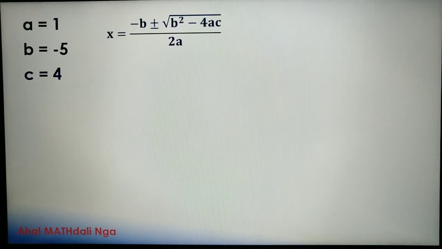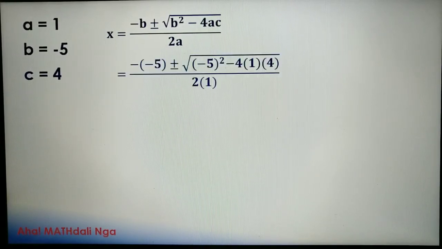x is equal to negative b plus or minus the square root of b squared minus 4ac all over 2a. We will substitute these values to our formula. We have negative times negative 5 plus or minus the square root of negative 5 squared minus 4 times 1 times 4 all over 2 times 1.